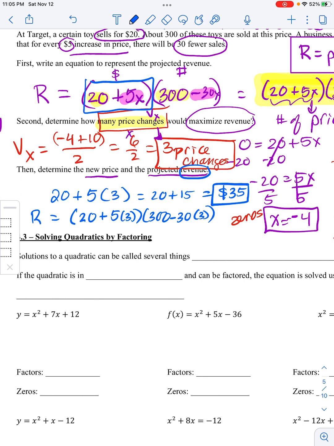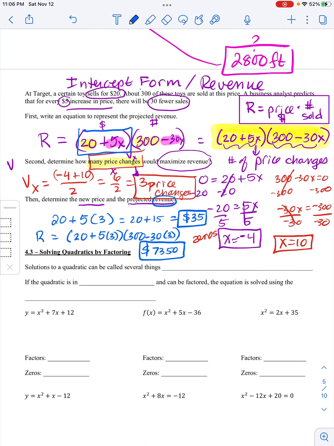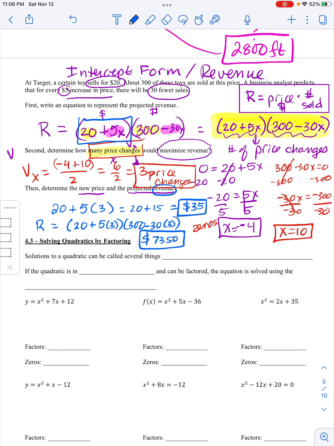You can just get that whole thing into your calculator, and when you do, you should get 7,350.